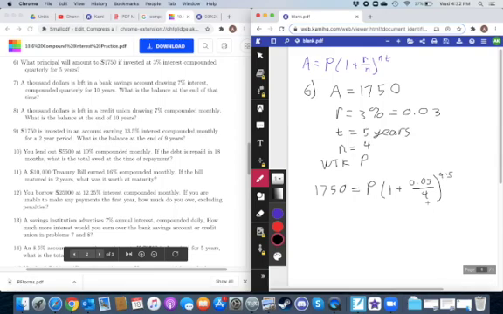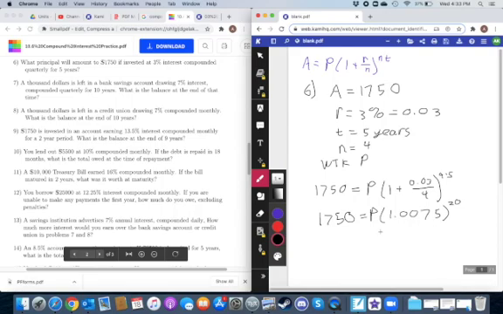So 1 plus 0.03 divided by 4 gives us a number. Specifically, that number would be 1.0075. And then this 4 times 5, we can write as 20.